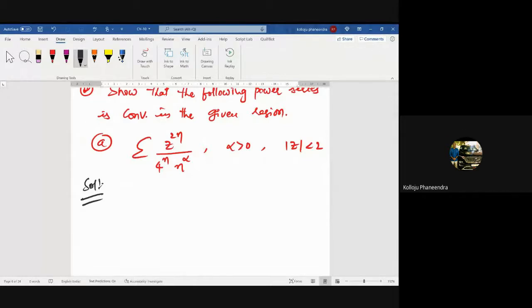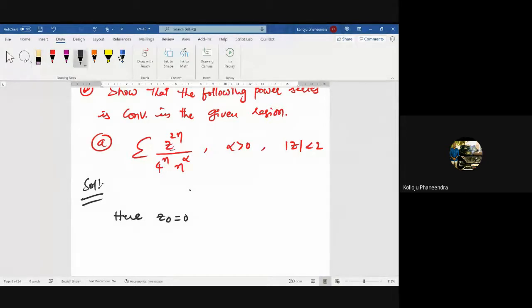You write like this. Now consider Z equal to Z naught is 0, Z minus Z naught is 0.